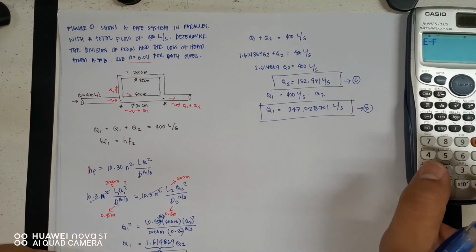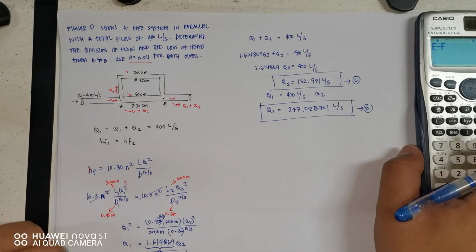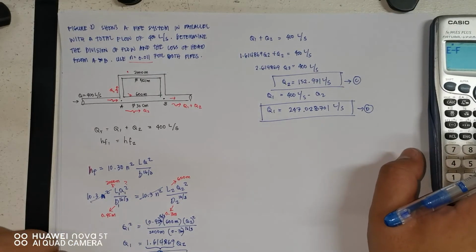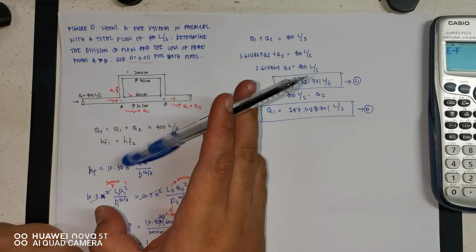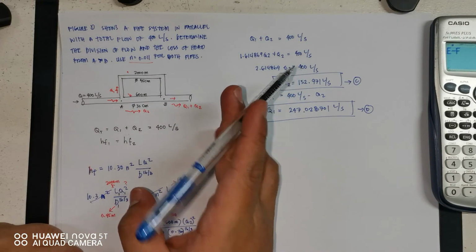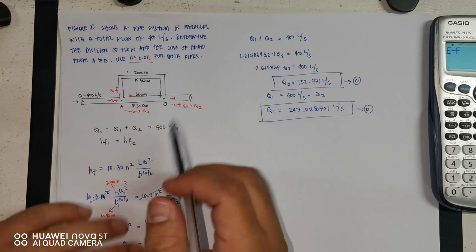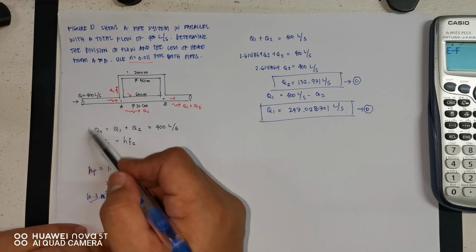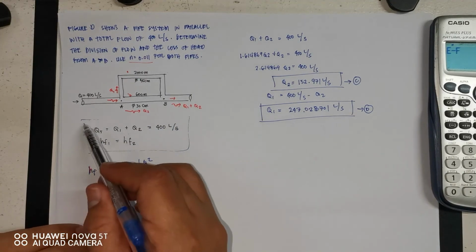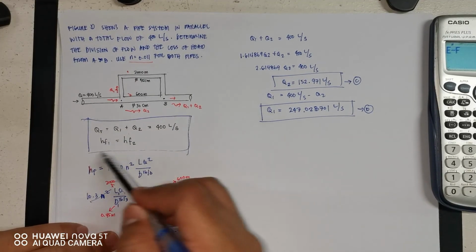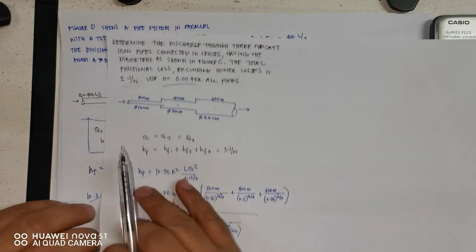So yun. Ganun lang yung idea ng parallel system. Pwedeng mas marami pa, pwedeng magkaroon ng combined na mayroong parallel at series na pipes. Basta tatandaan lang natin palagi yung binigay nating conditions for parallel pipes and for pipes in series.